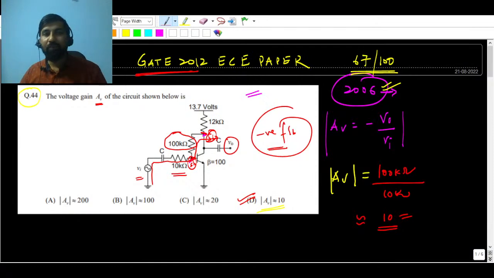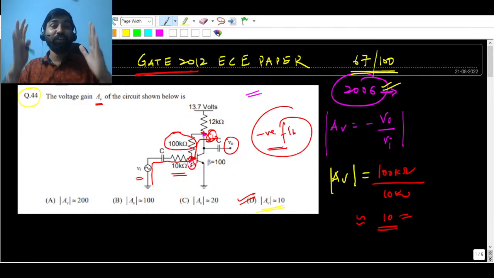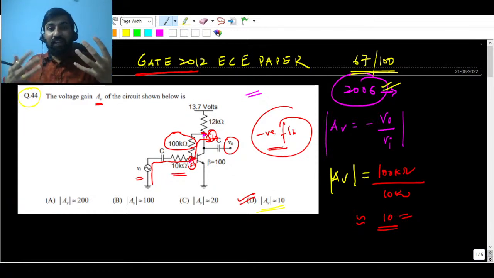We will come up with more questions, and we are going to solve questions in this manner only. Please hit the like button and share among everyone so that everyone can understand this is the real way of solving questions. Otherwise, many people fail and experience a phobia of solving analog circuit questions.